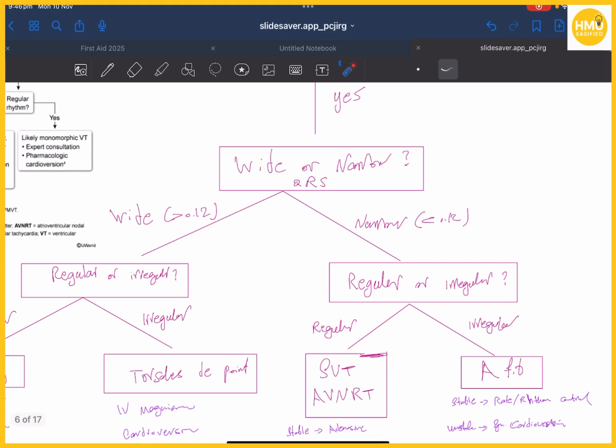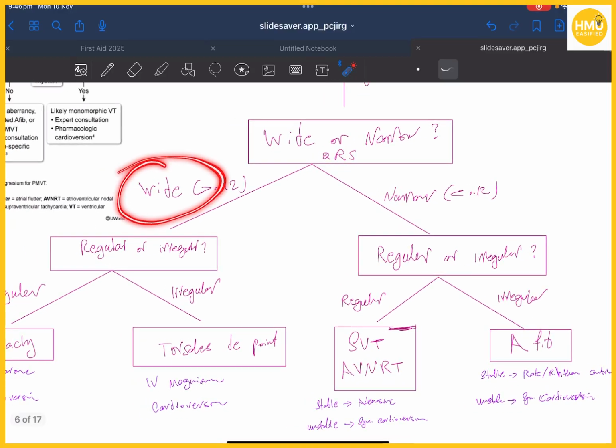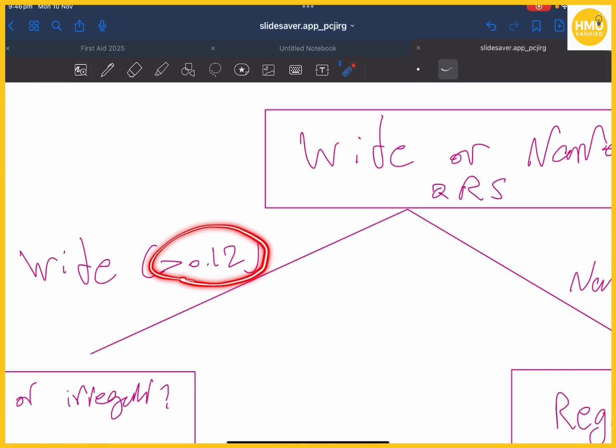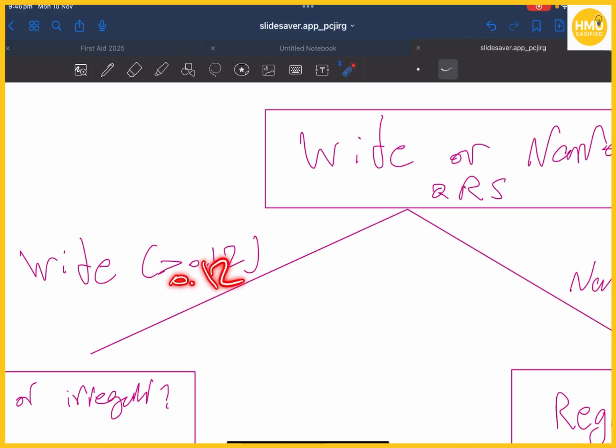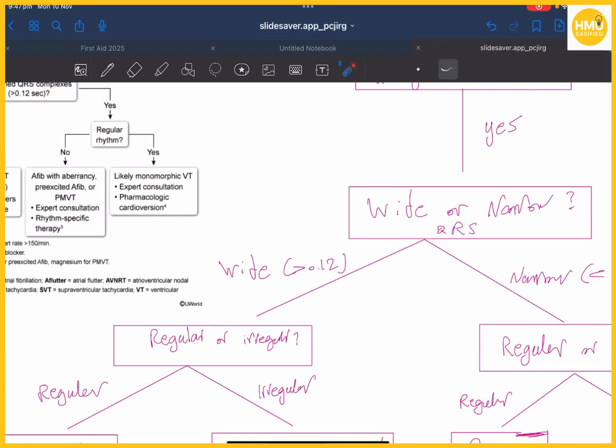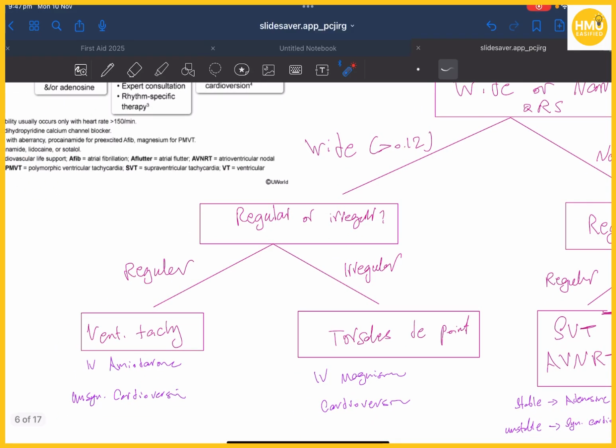Okay, so let's say it's a wide QRS, meaning it's more than 0.12 seconds, but it's gonna be like 3 small boxes if you want to remember it this way.